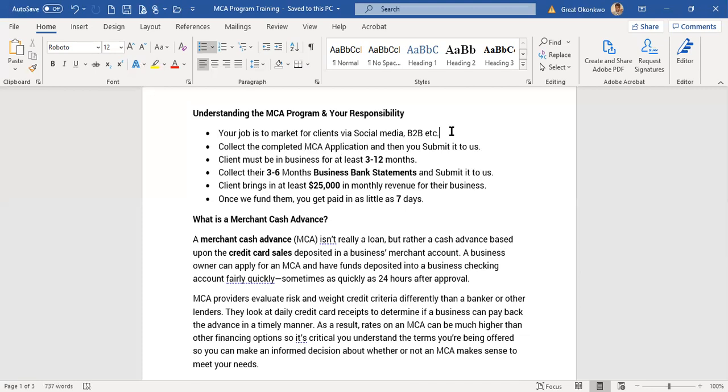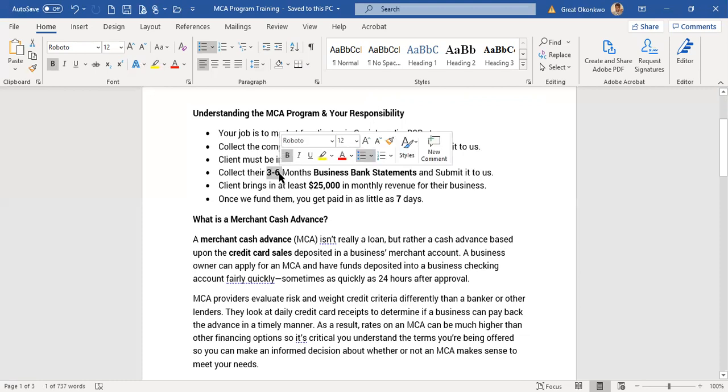Once they fill it out, verify from the application that they have been in business for at least 3 to 12 months. Then get them to submit to you, and you submit to us.